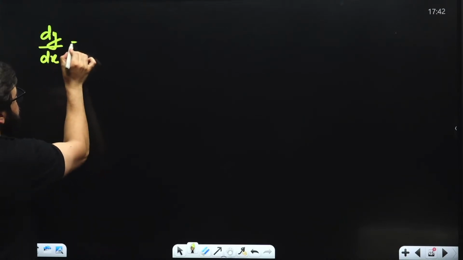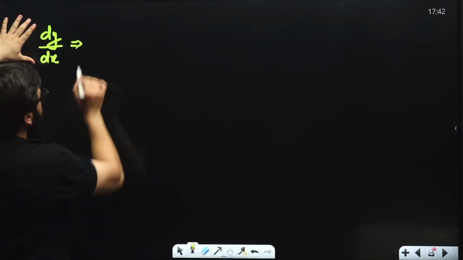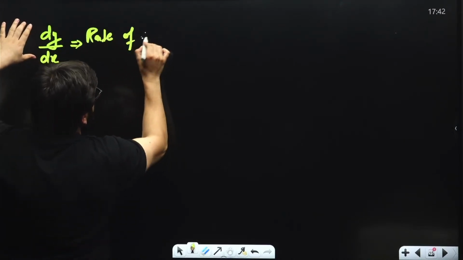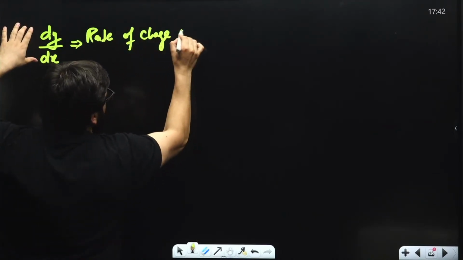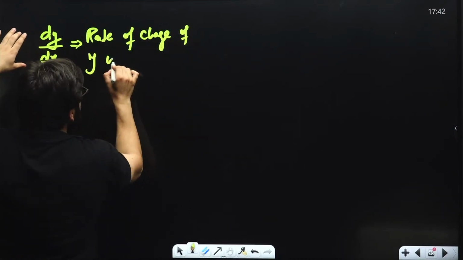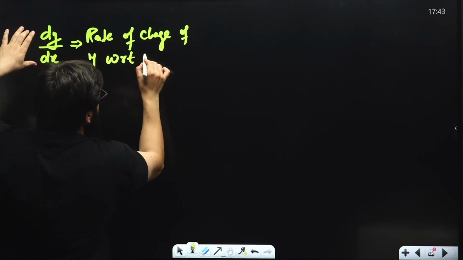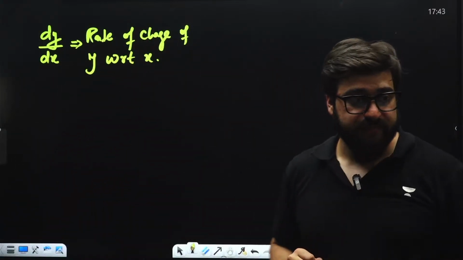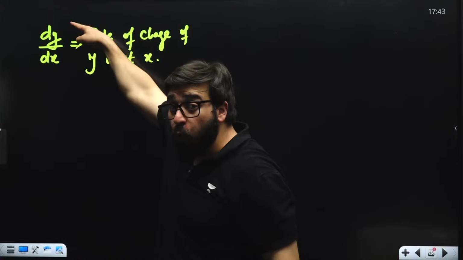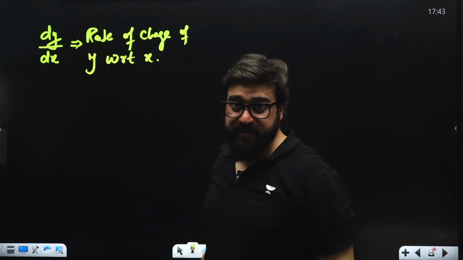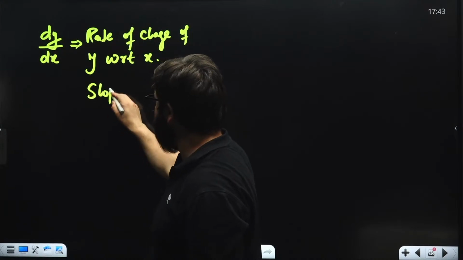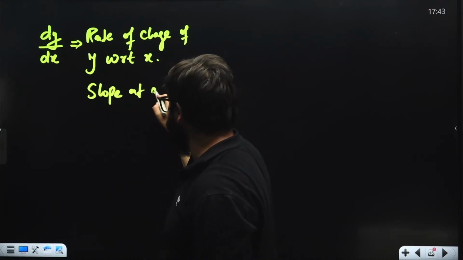We also call this the rate of change of y with respect to x. How fast y is changing with respect to x. Is this also slope at a point? Yes, this is also slope at a point.